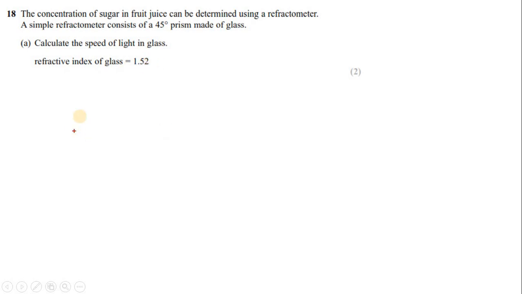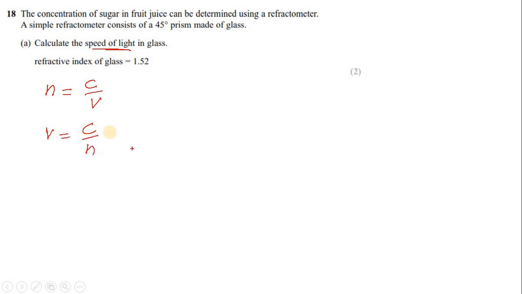So you need to find the speed of light in glass. We have a simple formula: n is equal to c by v, where c is the speed of light in vacuum or air, and v is the speed of light in glass. So n equal to c by v, and v is equal to c by n.